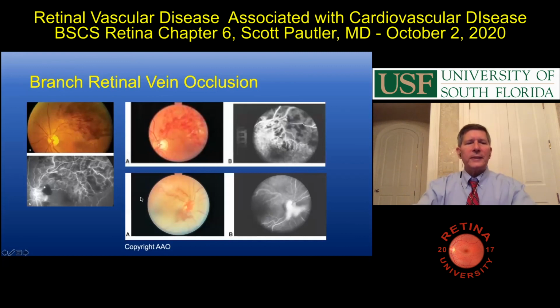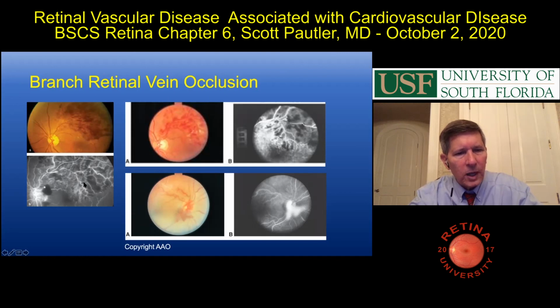So here's a couple examples. Now on your left-hand side, you see this quadrantic distribution of retinal hemorrhage. Notice that it doesn't cross the horizontal raphe. Anytime you see hemorrhages that are isolated and they don't cross the raphe, you're always thinking of a branch vein occlusion. The fluorescein angiogram shows some blockage from the hemorrhage. You can't say definitively how much capillary dropout there is, though there probably is some.